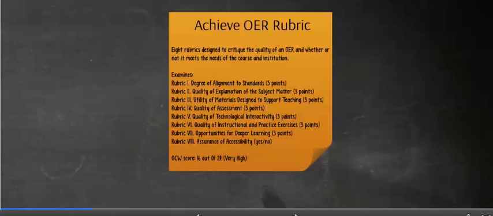Achieve examines the degree of alignment to standards, quality of explanation of the subject matter, utility of materials designed to support teaching, quality of assessment, quality of technological interactivity, quality of instructional and practice exercises, opportunities for deeper learning, and assurance of accessibility. The OCW scored 16 out of 21, which is very high for the Achieve OER rubric.